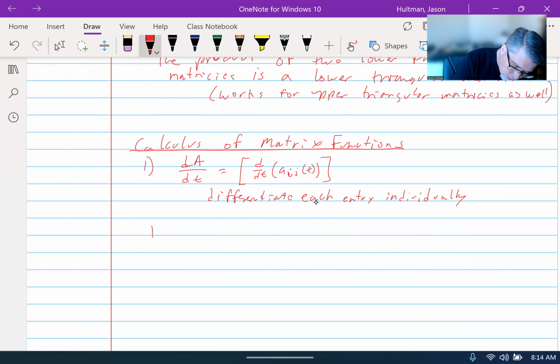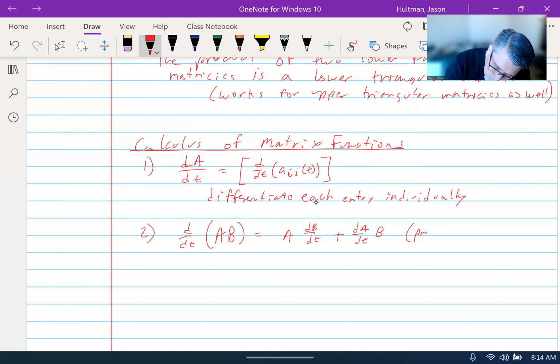If I want to take the derivative of the product of two matrices, d/dt of AB is going to be A times dB/dt plus dA/dt times B. So this is kind of like the product rule. Interesting.